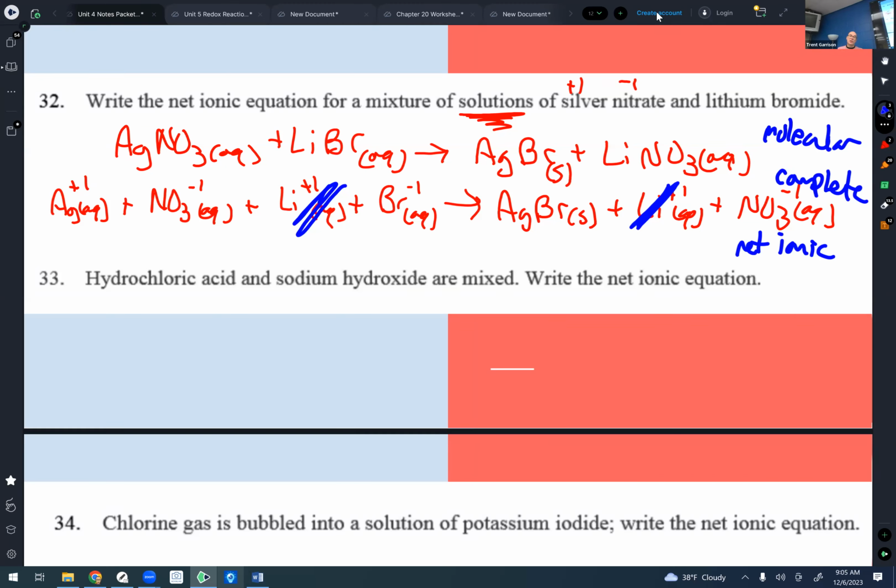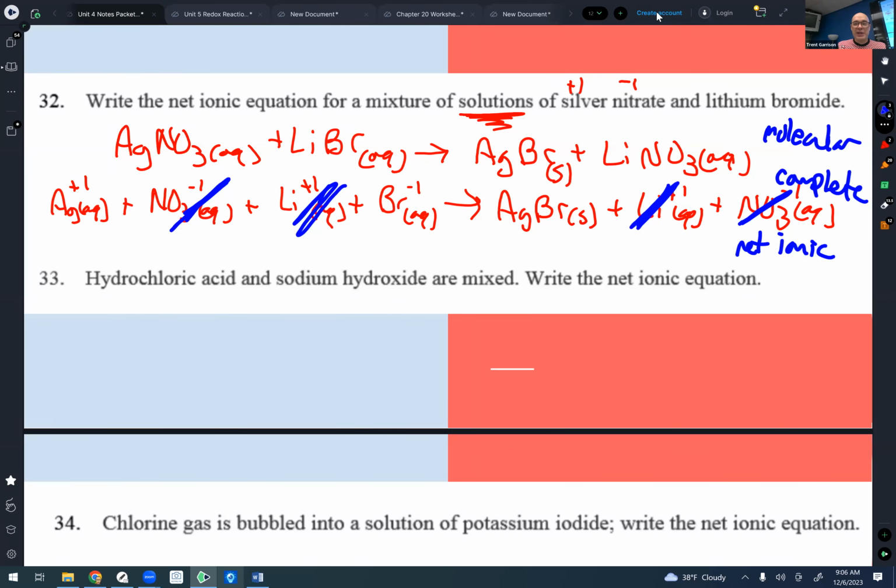What's the other material that's the same on both sides that we can cancel out? I apologize for my bad handwriting. That may not make it clear. Yes, the NO3 is absolutely correct.